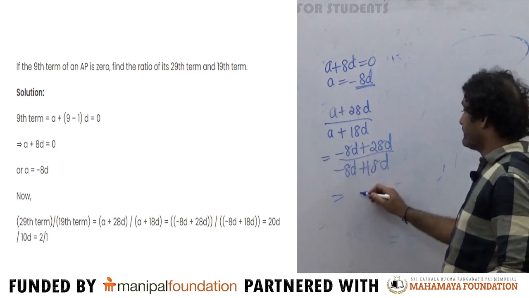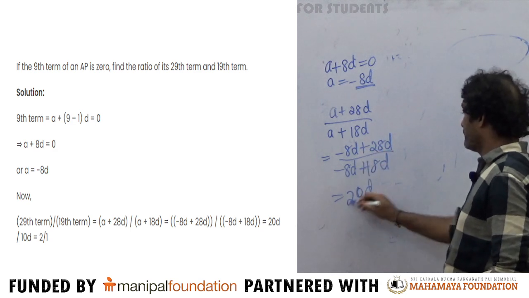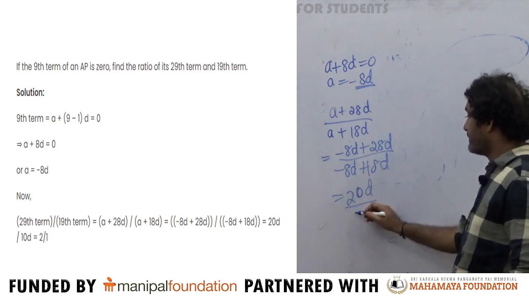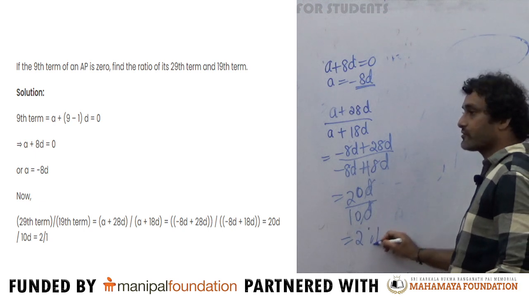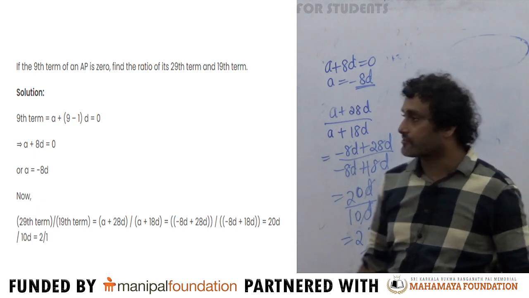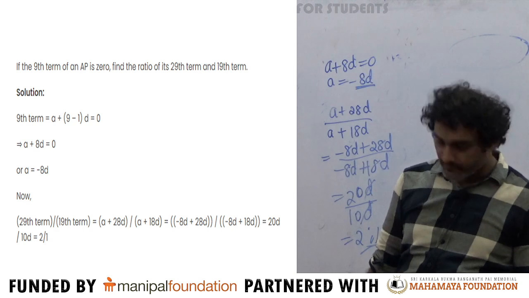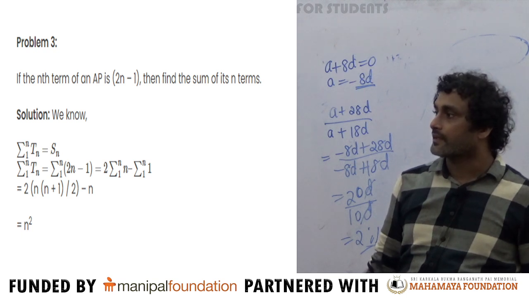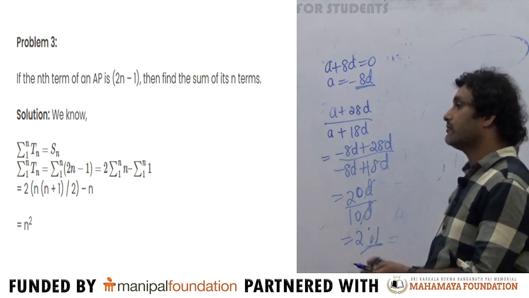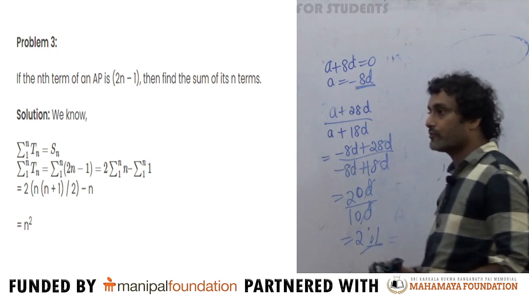Isn't it 28 minus 8 is 20D divided by 18 minus 8 is 10D? Isn't it D gone? Isn't it 2 is to 1? Yeah, that's the ratio. So no need to worry much about it, okay? I'll tell you how to do it.